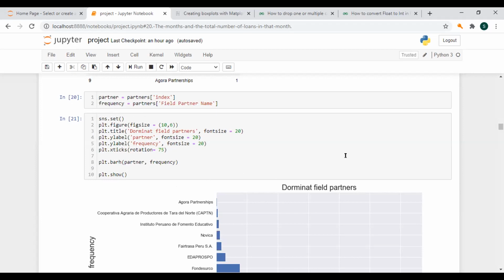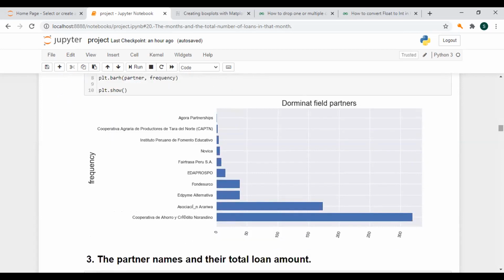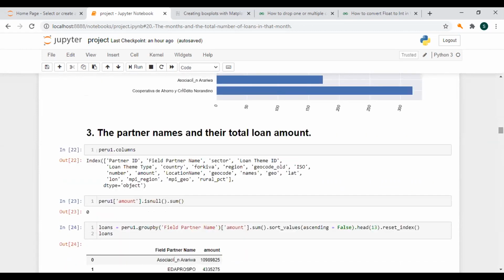I did use a bar plot and matplotlib to visualize that. But I wonder, matplotlib usually has the larger one appearing on top and this one, the larger one was appearing at the bottom. Maybe Ernest will explain about that.